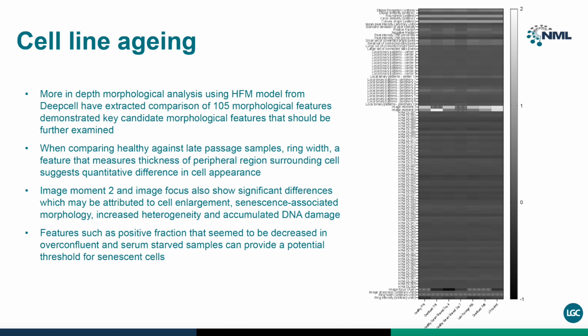In addition, image moment 2 and image focus, for example, also show significant differences, which may be attributed to cell enlargement, senescence associated morphology, increased heterogeneity, and accumulated DNA damage. Features such as positive fraction, which seem to have decreased in overconfluent and serum starved samples, can actually be used to provide a potential threshold for these senescent cells moving forward.